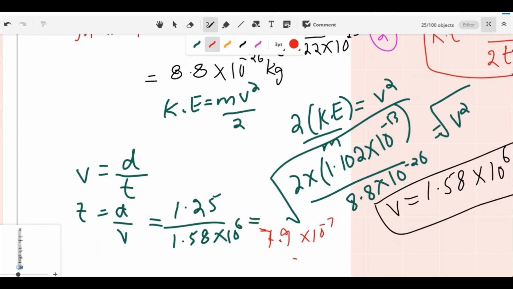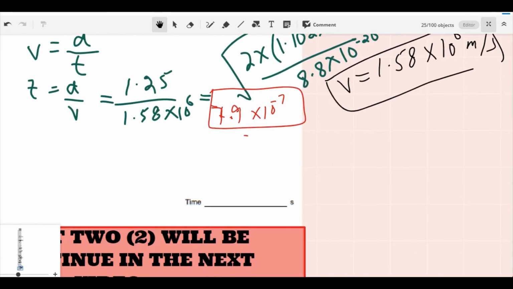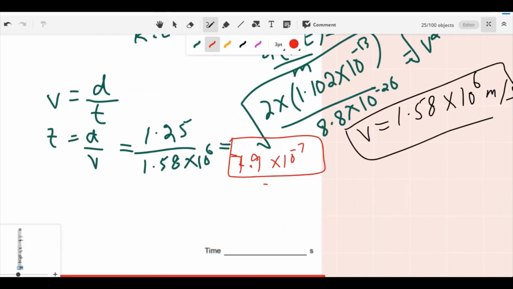That is in seconds. So that is the first answer, and you can write here 7.9 times 10 to negative 7.